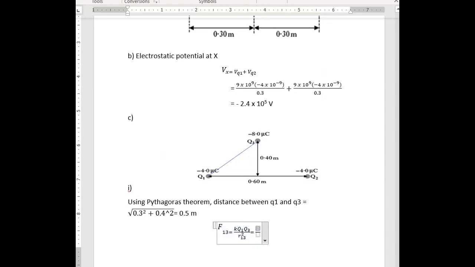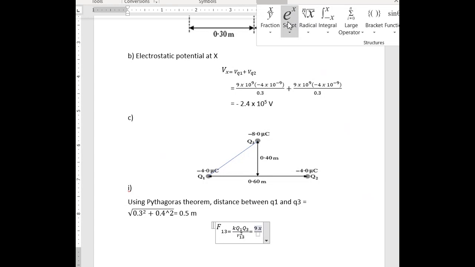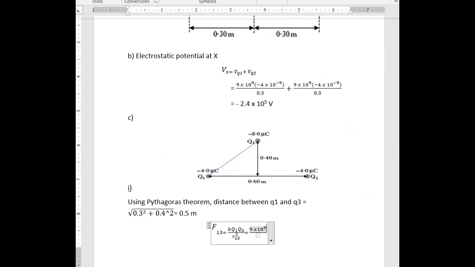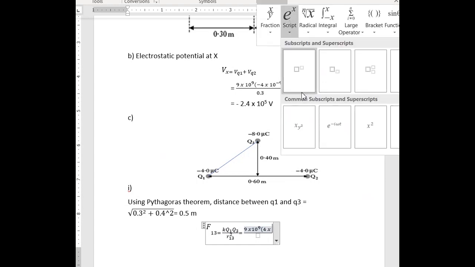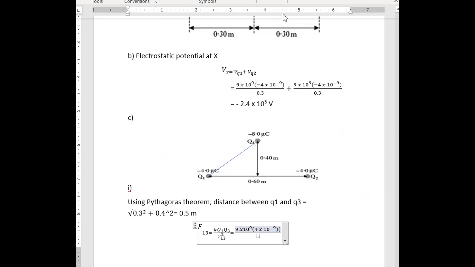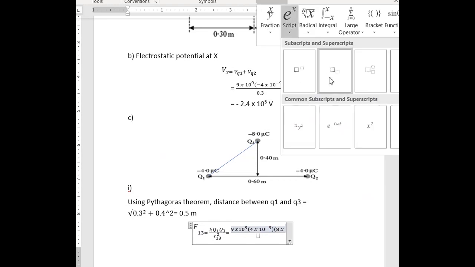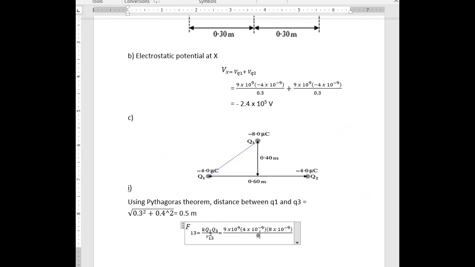K is 9 times 10 to the power of 9. Charge Q1 is 4 times 10 to the power of minus 9. Charge Q3 is 8 times 10 to the power of minus 9. Distance between them is 0.5 squared, which is equal to 1.2 times 10 to the power of minus 6 Newton.